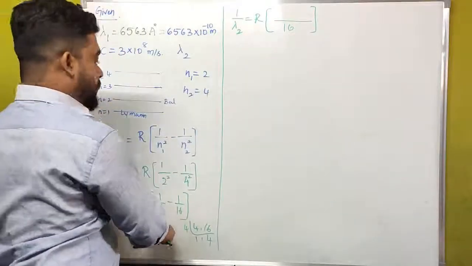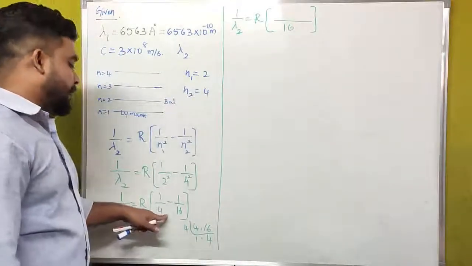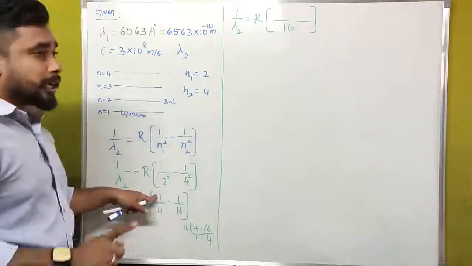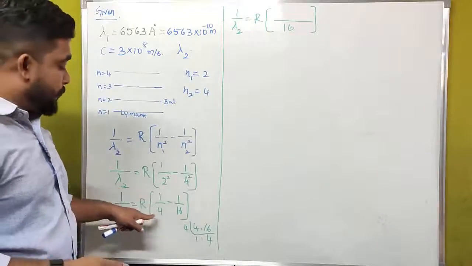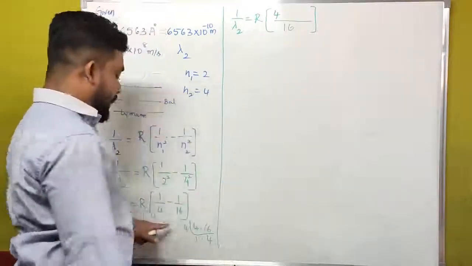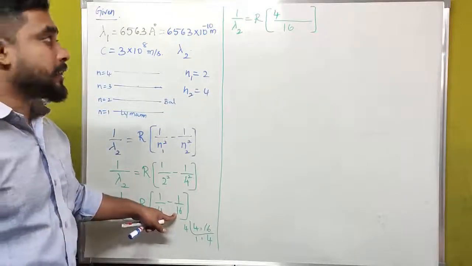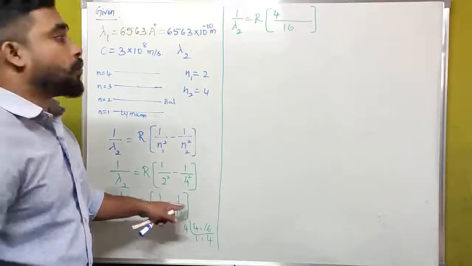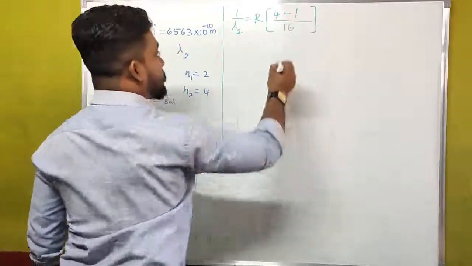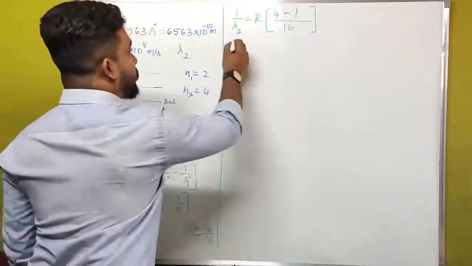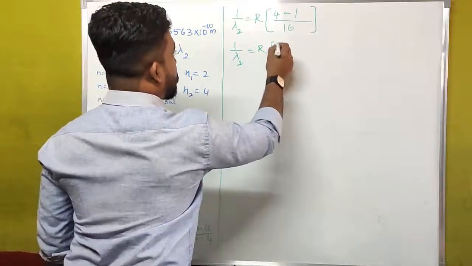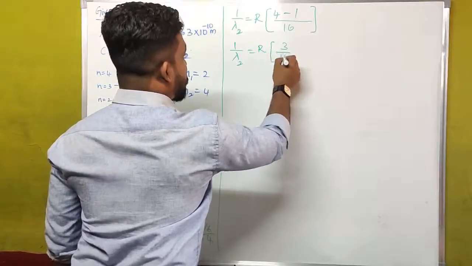Actually, we know that if we multiply 4 by 4 times, then we will get 16, and we have to multiply the numerator also by 4 times. 4 fours are 16, 1 fours are 4. And here we have 16 ones are 16, and we have to write 1 ones are 1. Here we have a minus sign, that's why we have to write minus as it is. 1 divided by lambda 2 is equal to R into 3 divided by 16.